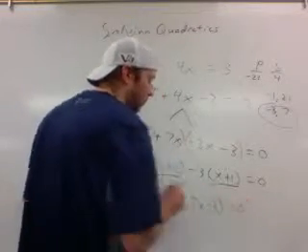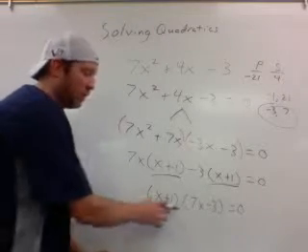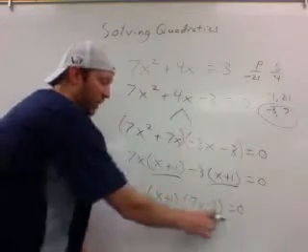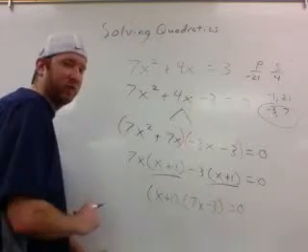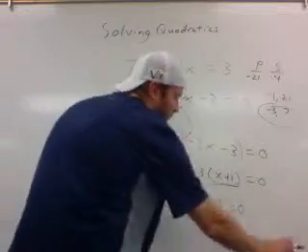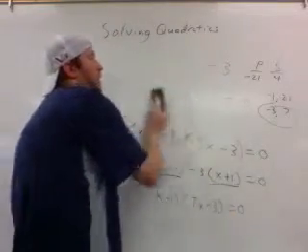All right, so then, remember what we talked about: if you have two factors multiplied together equals 0, you can solve them by setting each factor to 0. So I'm going to erase and jump back up here.